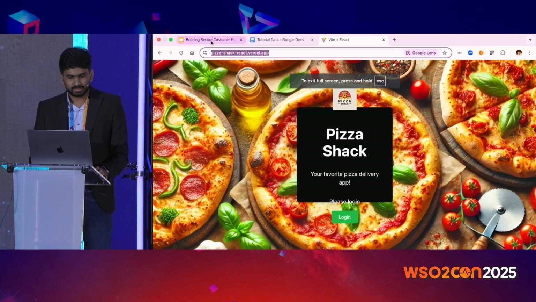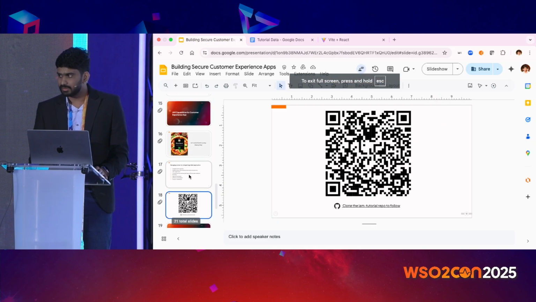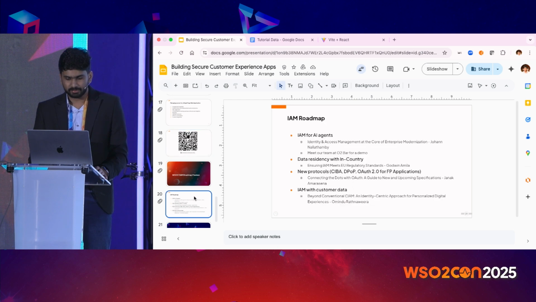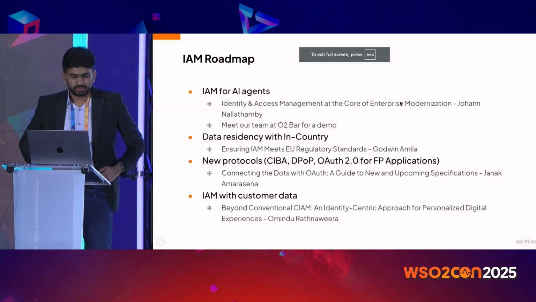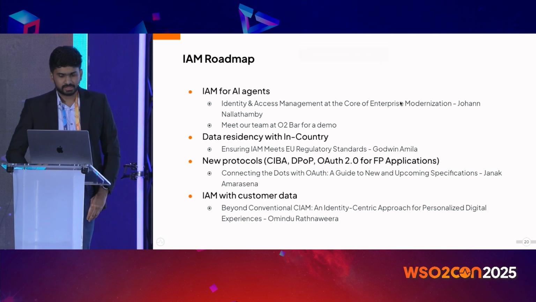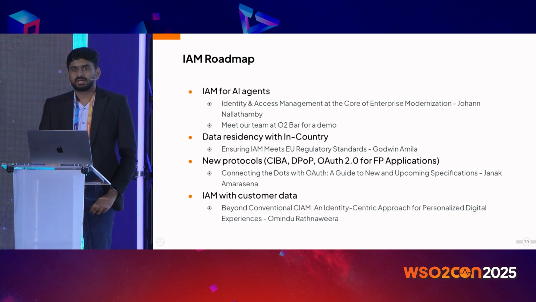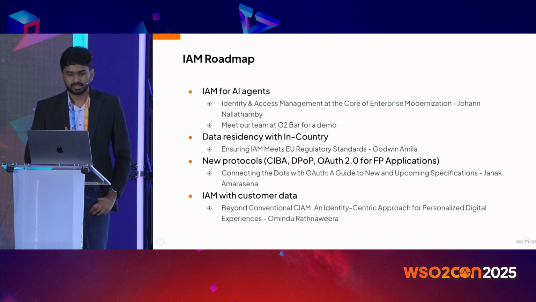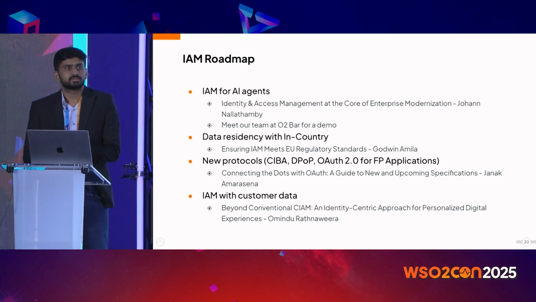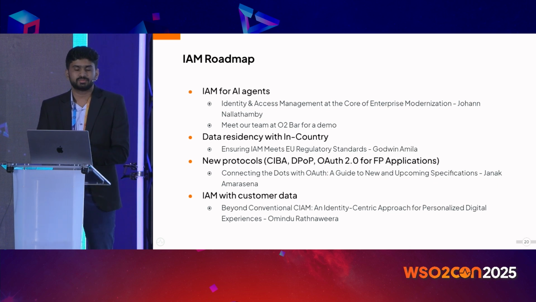I'll quickly go through what our roadmap is. This is to tell a little bit about our roadmap for this year. Our main focus currently is going into IAM for AI agents. As Geeks mentioned in his keynote, we are pointing toward this area: how we can provide IAM for AI agents, and how the story builds from there.